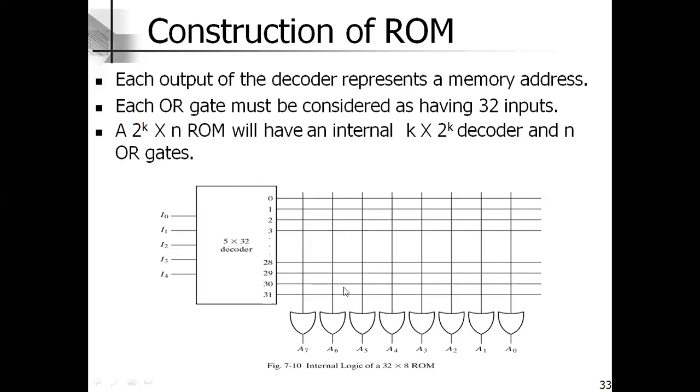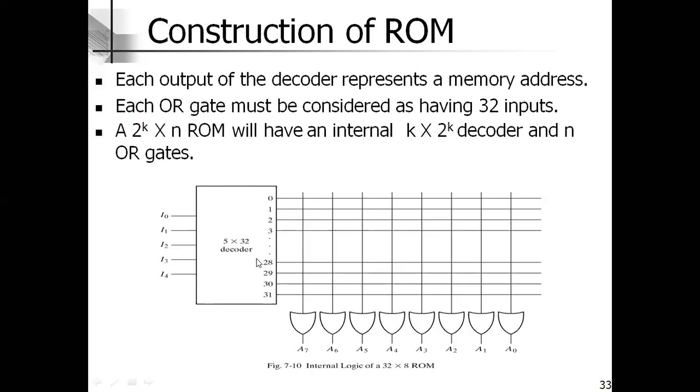So how many internal connections does the ROM contain? Each OR gate has 32 input connections, and there are 8 OR gates. So 32 into 8, what is the value? 256 internal connections are there for this particular ROM structure.